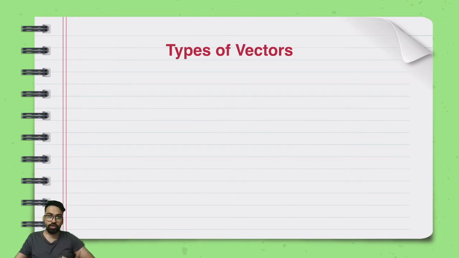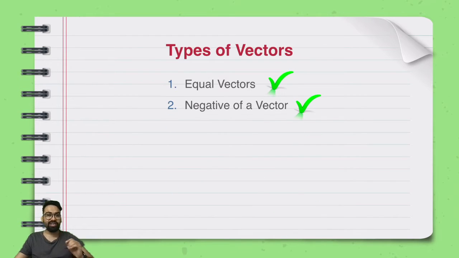If I want to list down all these types of vectors, I will probably say that the two vectors that we would be doing today are equal vectors and negative of a vector. These are two types of vectors, very important for us, and they come as a direct classification in the form of questions. There are more such vectors, we'll just know the names of them over here.